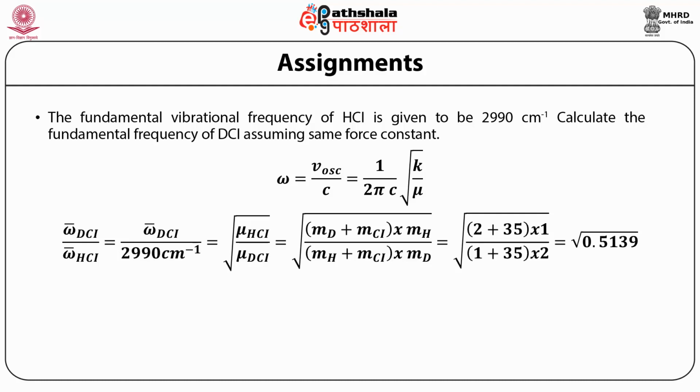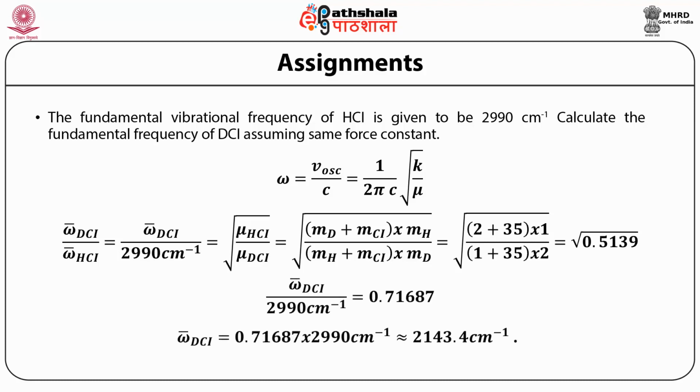The value comes out to be 0.5139 under the root. So omega DCl upon 2990 is equal to 0.71687. So omega DCl can be calculated and it comes out to be 2143.4 centimeter inverse.